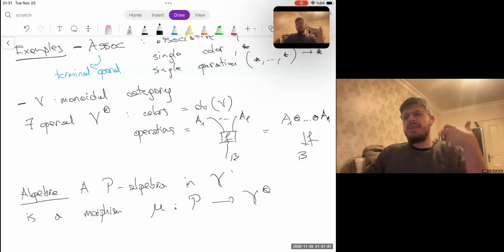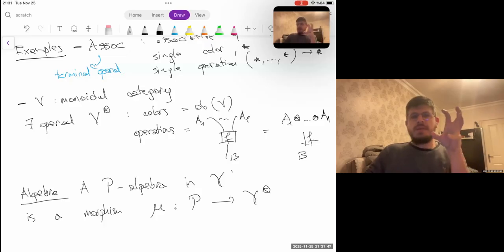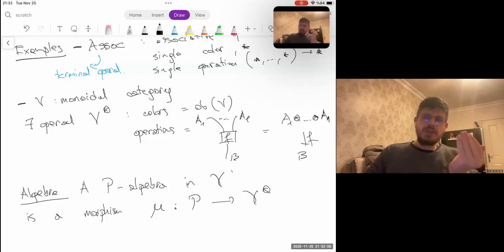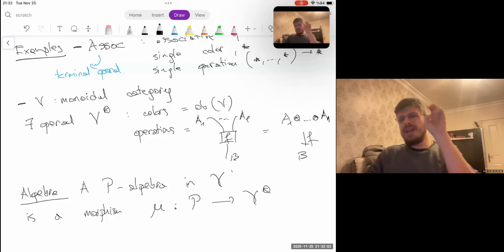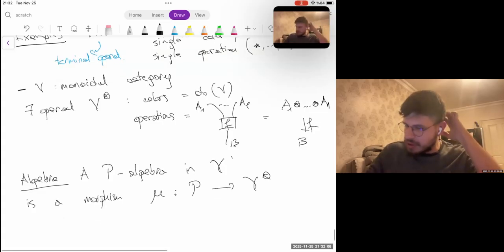So basically, you have some monoidal category of interest, and you have your operad encoding some kind of operations and composition between them. So an algebra assigns to colors of the operad objects in your monoidal category, and to operations in your operad a realization in the monoidal category. So it encodes an algebraic structure.